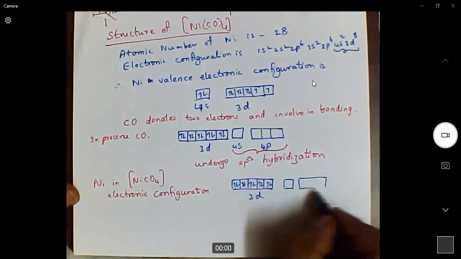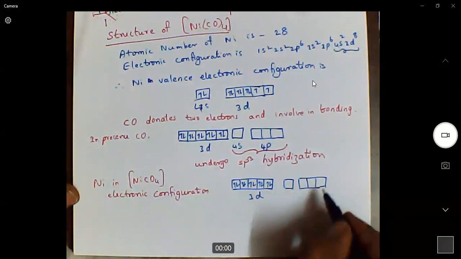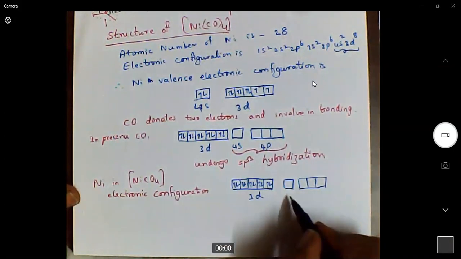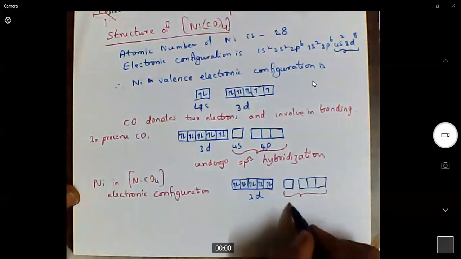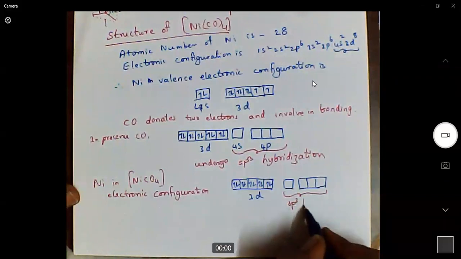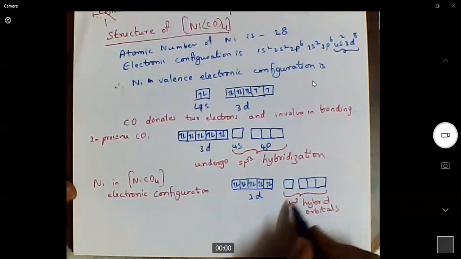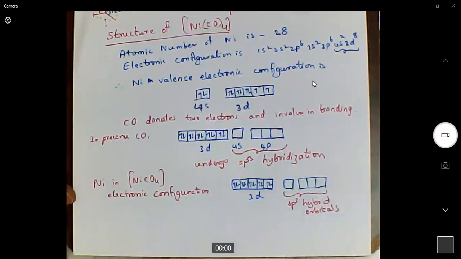We don't change the orbitals, but we write them as sp3 hybrid orbitals.